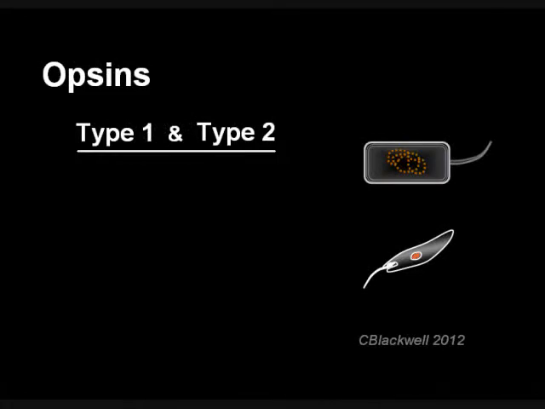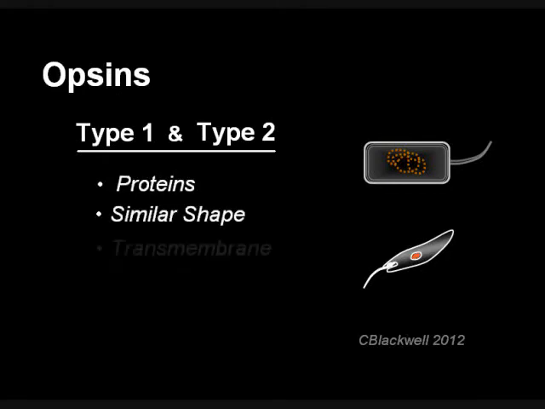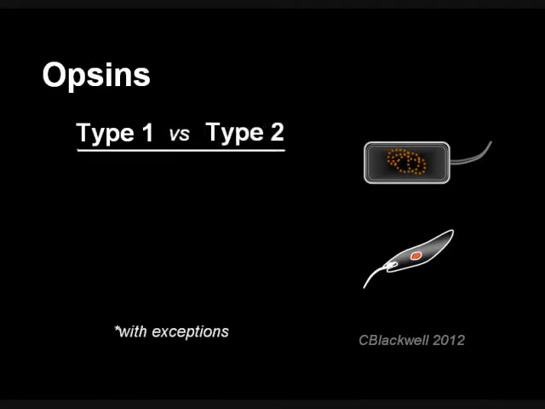Type 1 and type 2 opsins are quite structurally similar, so that on first glance it would seem they came from a common origin. They are both proteins of quite similar shape that cross the entire photoreceptor cell membrane. Each depends on cradling a light-sensitive molecule of retinal. But their differences are significant.